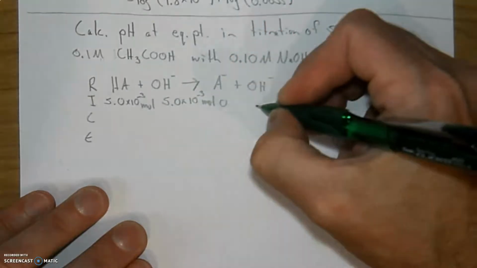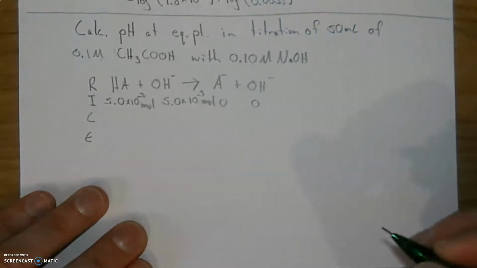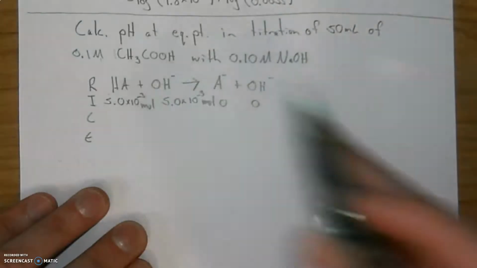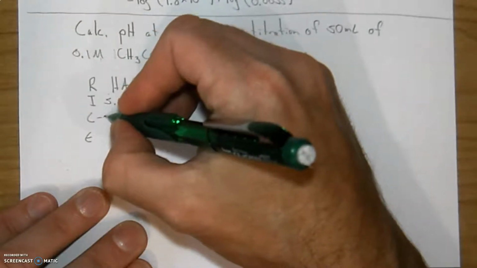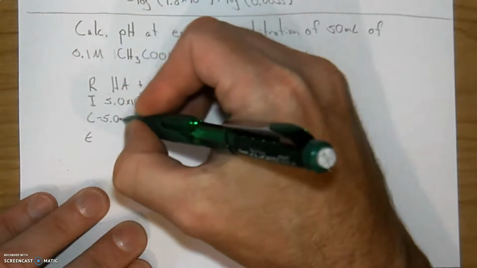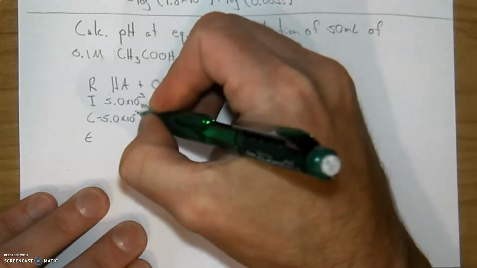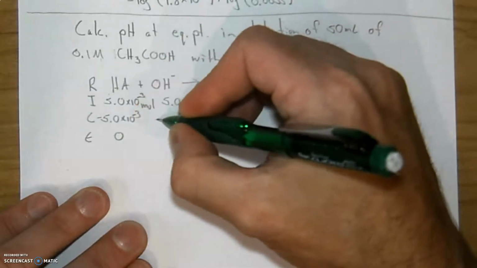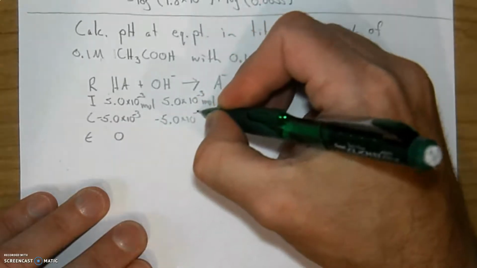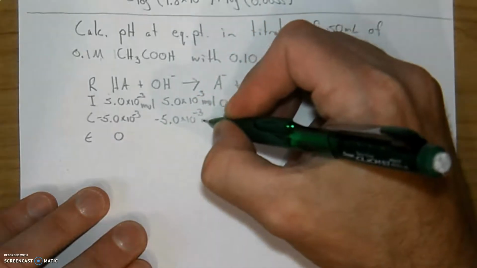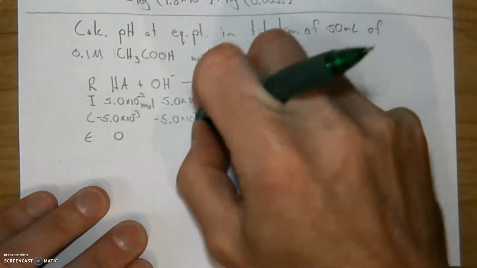Initially, I don't have any of this, and I don't have any of this. Now, at the equivalence point, remember, OH goes to completion. So both of these are going to be minus that amount. This will be gone, minus this amount, and again, this is gone. I'm not going to write moles.